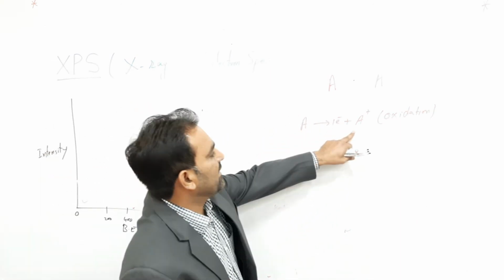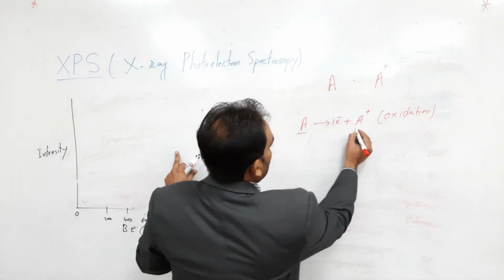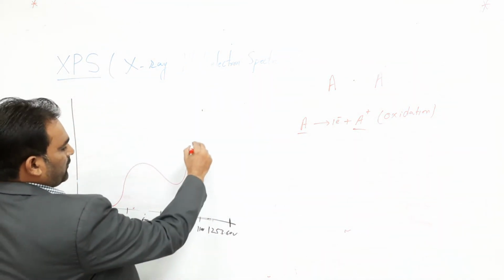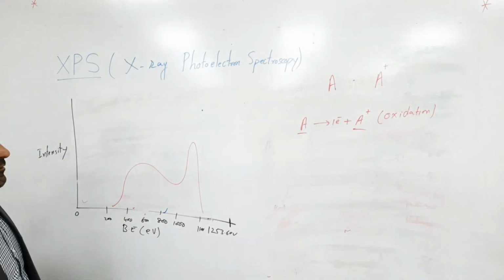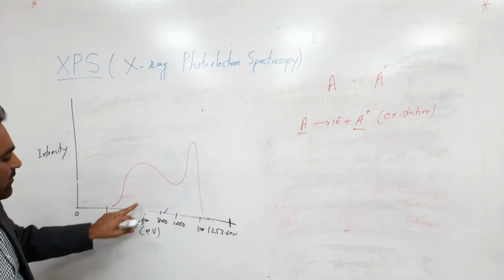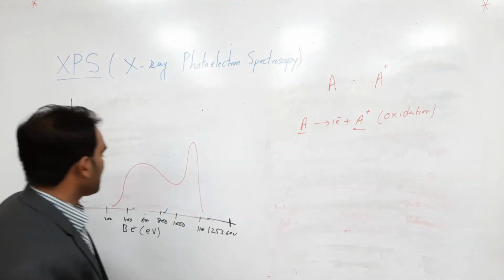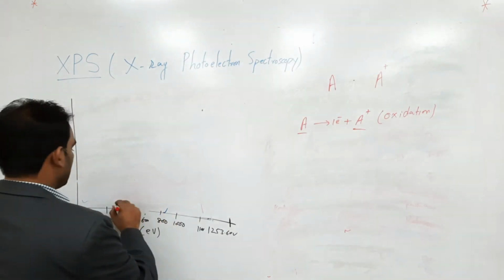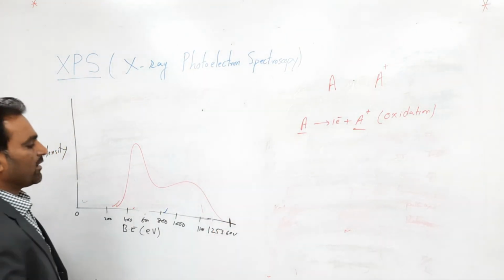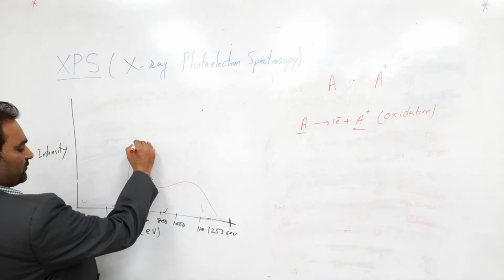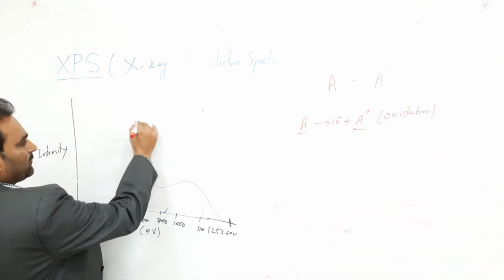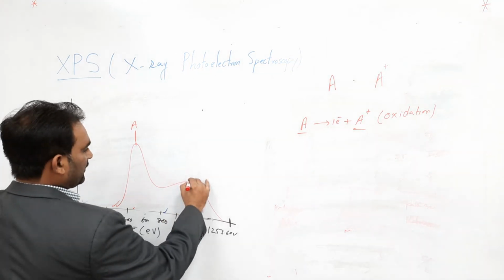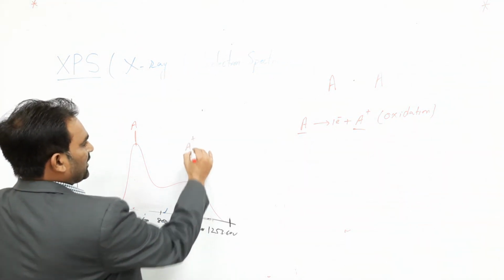So in that case, you have two signals, suppose A and this one, with higher binding energy or lower binding energy. You can get a signal like this. This will be your A, and this will be your A plus.